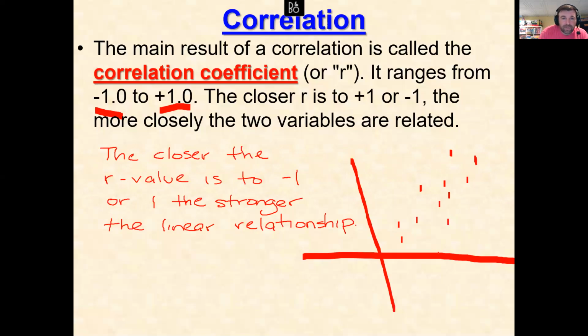It says the closer the R value is to -1 or +1, the stronger the linear relationship. So +1 and -1 have the same strength. It's just one is referring to a positive correlation and one is referring to a negative correlation, which we'll talk about in a minute.